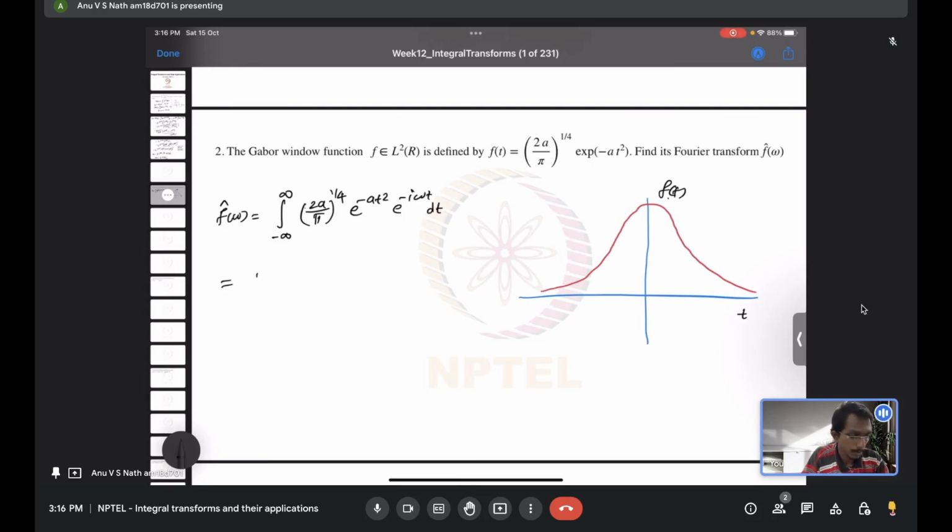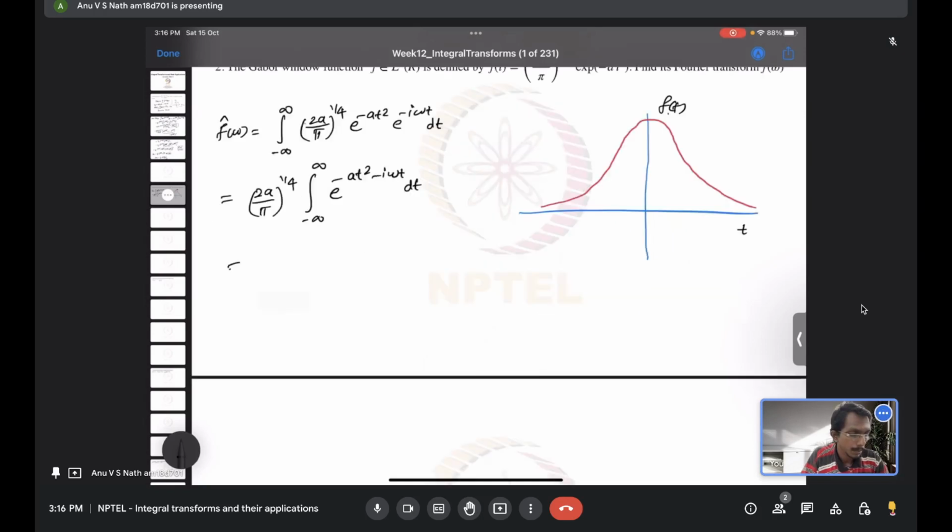Take the constants outside, which is 2a by pi the whole raised to 1 by 4. Then the integral from minus infinity to plus infinity of e raised to minus a t square minus i omega t dt. We group the exponential so that we take a outside: t square plus i omega by a times t.